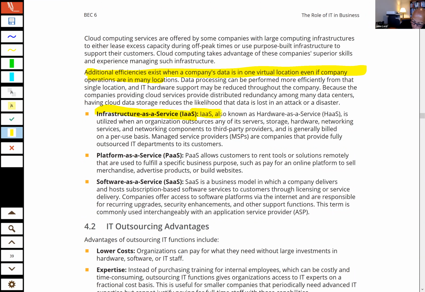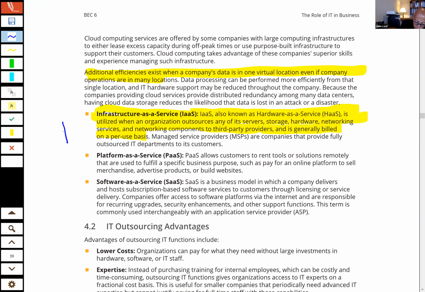Infrastructure as a service is also known as hardware as a service, and it is utilized when an organization outsources any of its servers, storage, hardware, networking services, and network components to third-party providers, and is generally billed on a per-use basis. So that's going to be infrastructure.